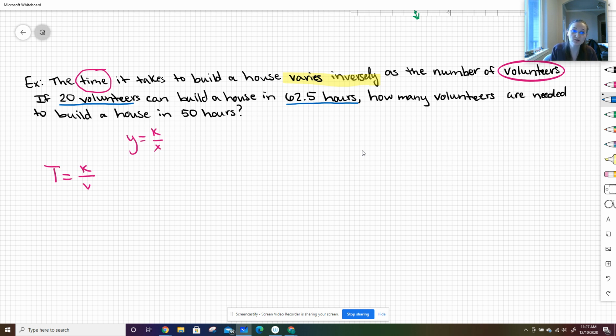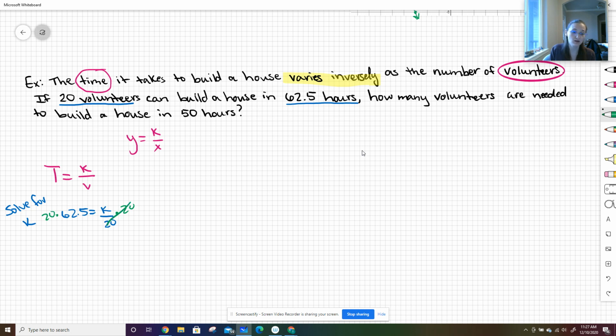First thing we need to do is solve for k, using the set that we know. So we have volunteers and time. So we're going to use 62.5 equals k over 20 because we have 20 volunteers. Now to solve for k, just like we did previously, I'm going to multiply by 20 on both sides.